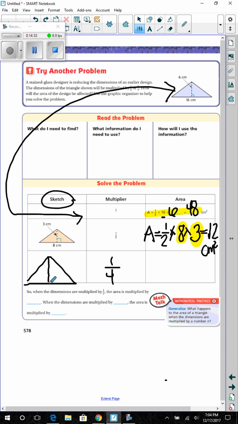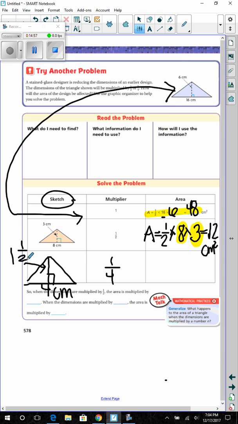We're going to draw a line down it to represent the height, and then a little square to make a right triangle, or to make a 90-degree angle to show the height of the triangle. This is going to be 4 centimeters, and the height is going to be 1.5.